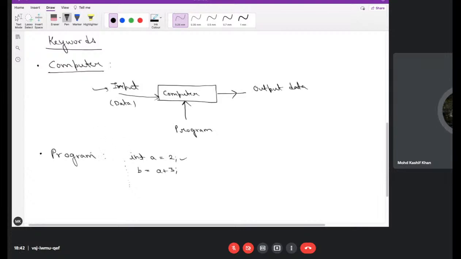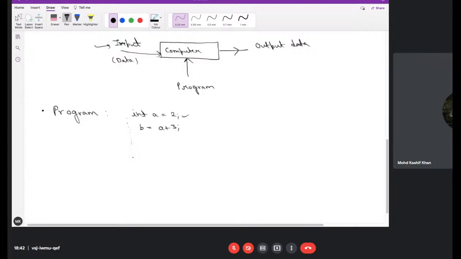So write the second keyword program, and under program write: program is a sequence of instructions along with data.